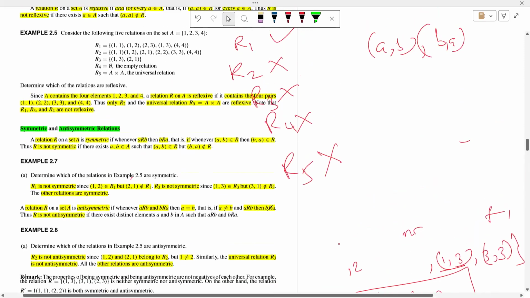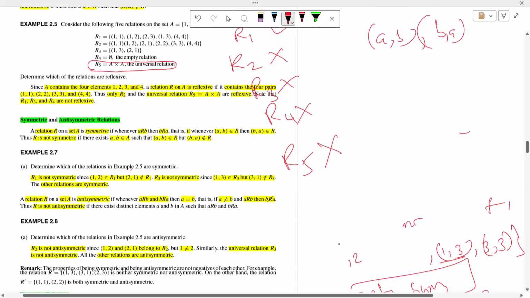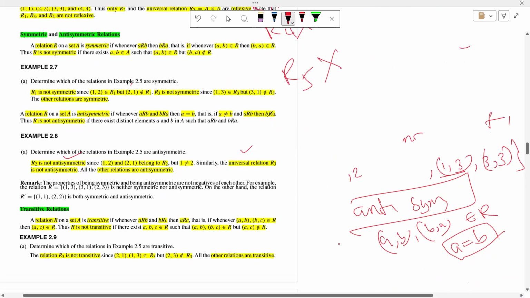They say R4 is an empty set, so it is antisymmetric because there are no elements. Okay, this is wrong, I think. R2 is not antisymmetric. R3 is not antisymmetric. R4, R5 also not antisymmetric.